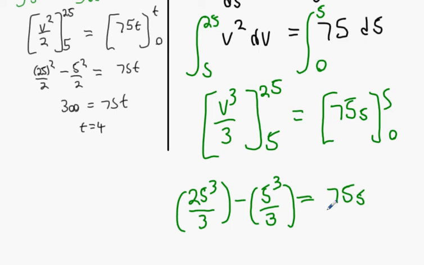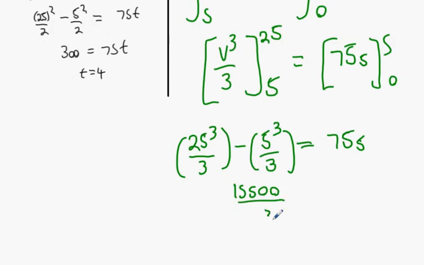Put that in your calculator and you get 15,500 all over 3 equals 75s. Is that 75s or 75t? 75s. I just wrote down t for some reason. Divide by 75 and you get the distance taken is 68.89 meters equals s. And you're done.